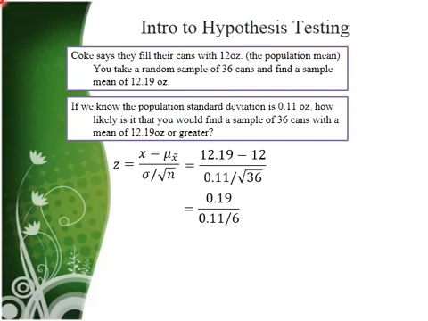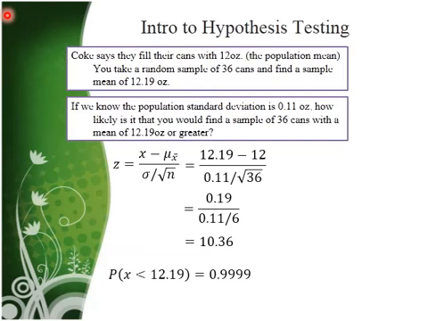So, running through the calculations and plugging this into my calculator, I get the z-score is 10.36. Now, if I go to look this up on my table, of course, 10.36 is far too big a z-score to be on the table. So we can just say that the probability of a z-score being less than 10.36 is 0.9999, which means that in this case, the probability that my sample mean would have been less than 12.19 should have been 0.9999.